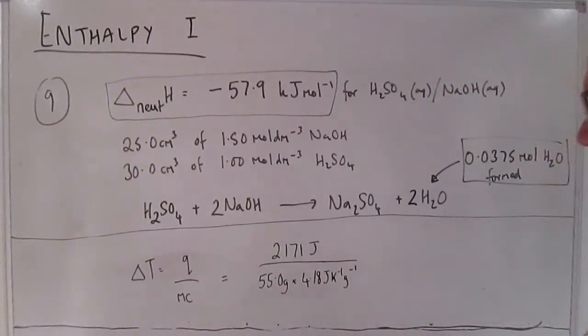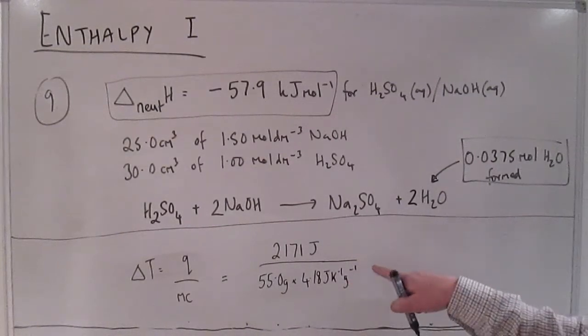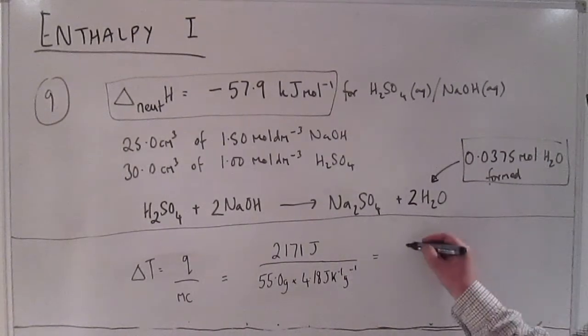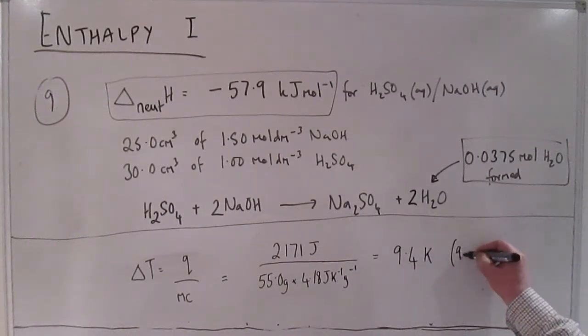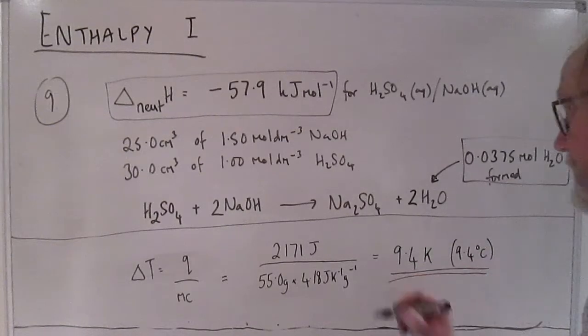So you can see the units are all compatible, joules and joules, grams and grams, and so on. If you crunch those numbers, you come up with 9.4 as the answer. So 9.4 Kelvin, or 9.4 degrees C, is the temperature rise.